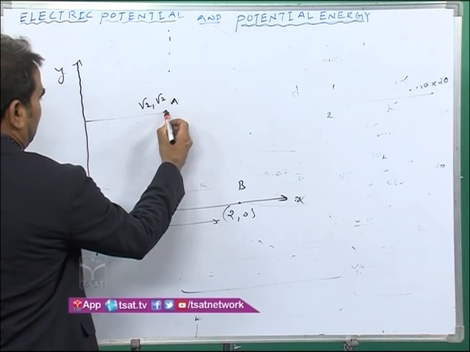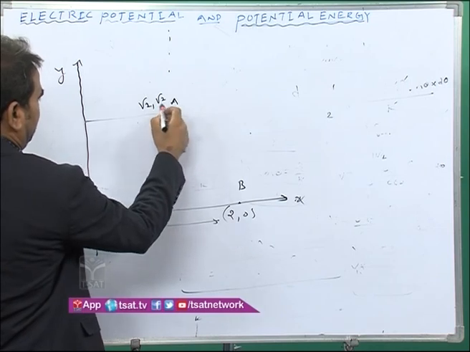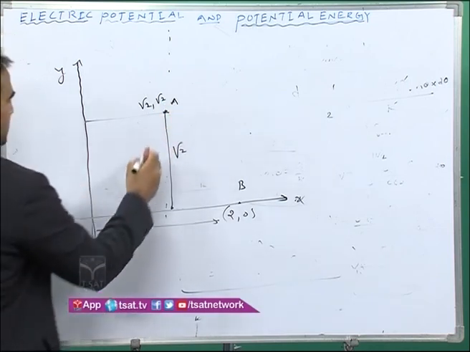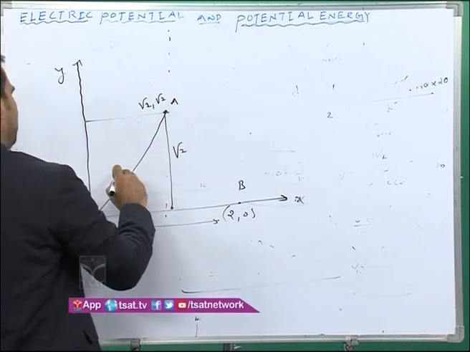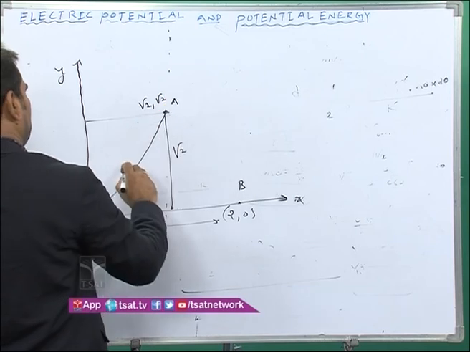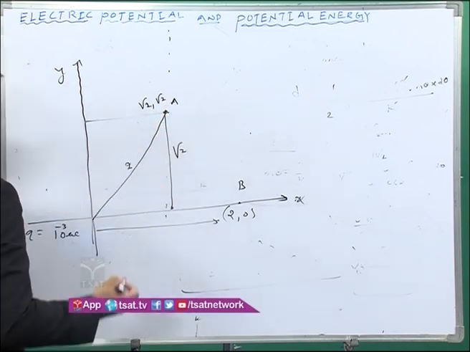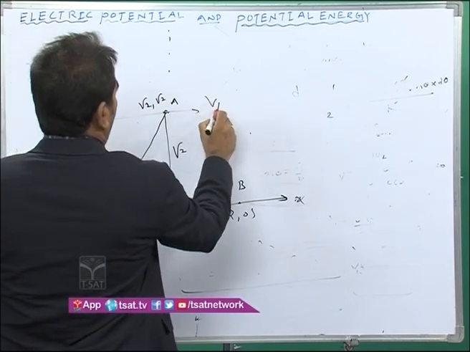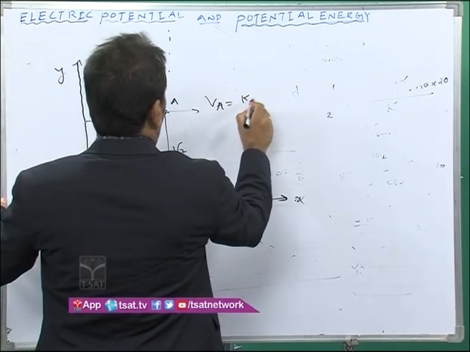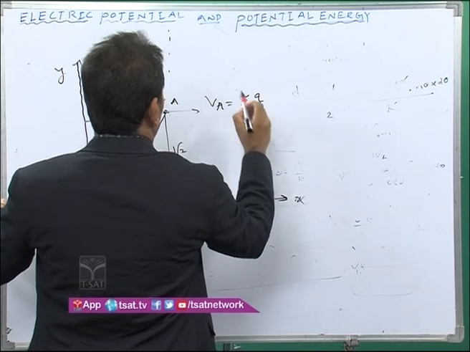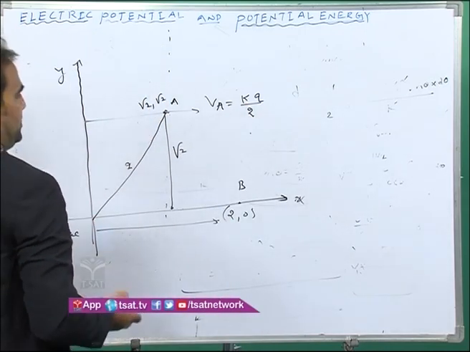Here we have to calculate the electrical potential at the points A and B with reference to the origin. The distance of point A from the origin is given by root over root 2 square plus root 2 square, which is 2 meters. So, at point A, electrical potential is V of A is equal to K into Q upon 2, where Q is nothing but 10 to the power minus 3 coulombs.